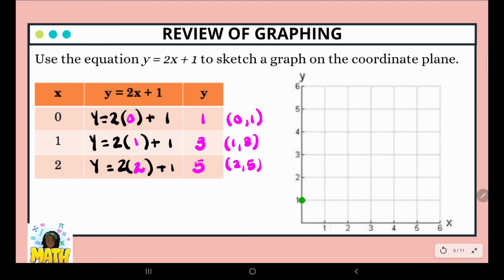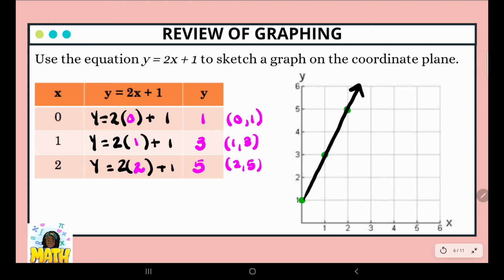Then we take a look at the number 1 on our x-axis and go up to 3 on the y-axis, then 2, 5. Go ahead and draw a line. And that is the graph of this situation, which is expressed in the table.